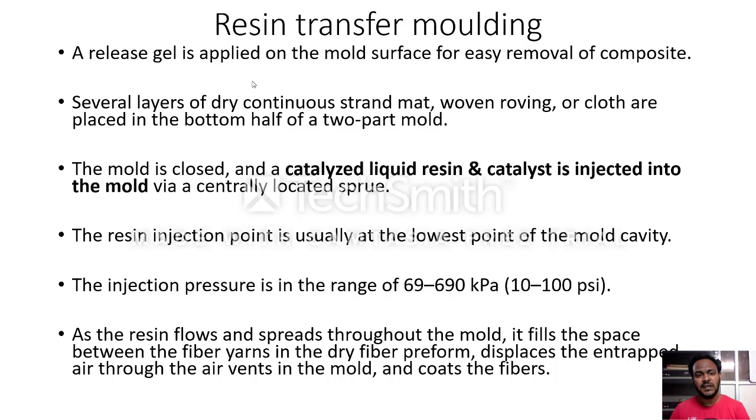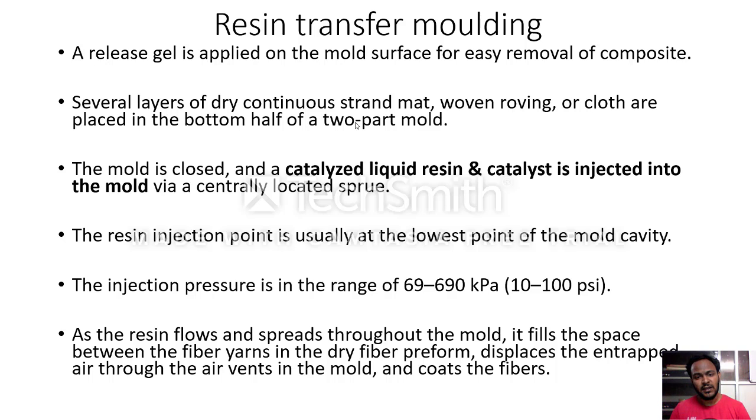If you do not use the release gel, the composite you have made will stick to the mold and it will be difficult to remove, and when you force it to remove, it will create some defects in the composite. So several layers of dry continuous strand mat, woven roving or cloth are placed in the bottom half of the two-part mold. This mold will contain an upper part and a lower part.